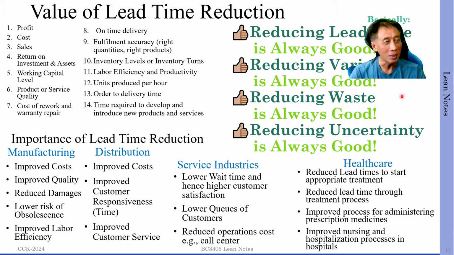So we talked about waste, we talked about reducing lead time, right? You have to talk about variability, and usually that ties in with uncertainty. High variability implies difficulty in forecasting, in prediction, in preparing for the future.